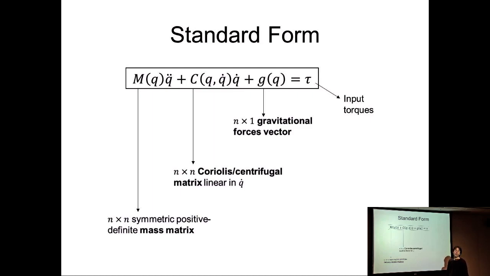Then there's a Coriolis matrix, which corresponds to the velocity and moving rotational frame issues of your system. And then finally, there's a gravity vector, which captures all the potential energy terms of your system. Of course, all of these will be equal to your input torques that we were able to derive when doing our formulation.